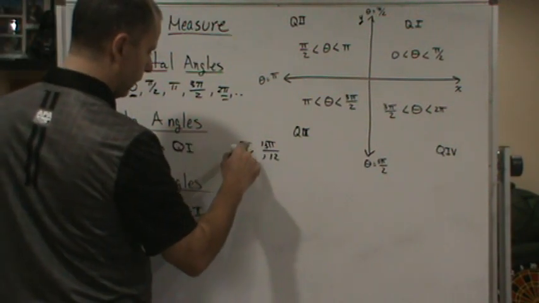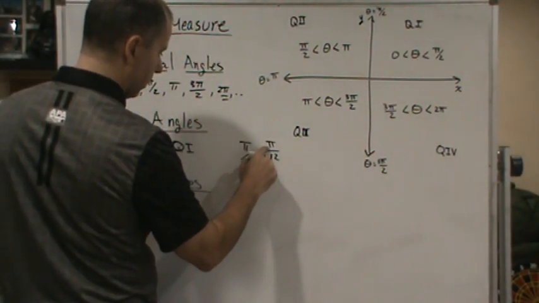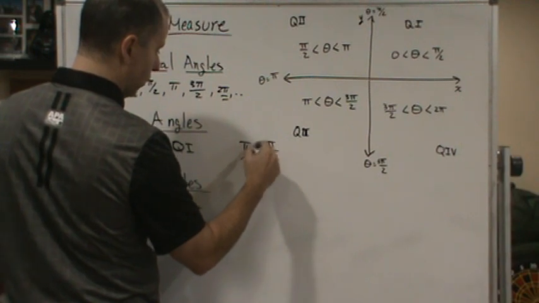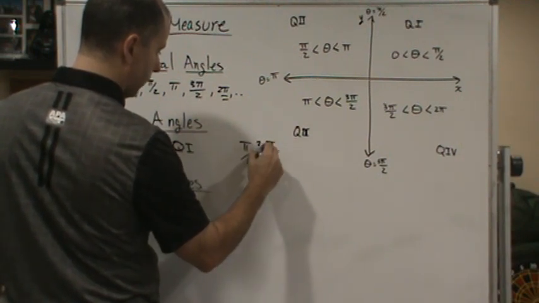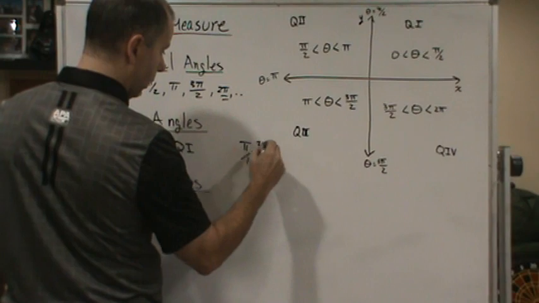Or no, I'm sorry, that would be 25 pi over 12. We're adding 2 pi, so if you go 1 revolution, 2 pi, this would be 25 pi over 12.